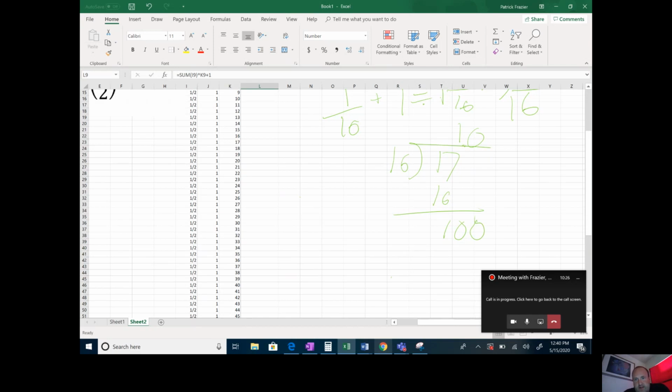Okay, and then how many times does 16 go into 100? Well, 16 times 10 is 160, because that's the rule for multiplying anything by 10. You just add a 0. So what's half of that? Well, half of 100 is 50, and half of 60 is 30. 50 plus 30 is 80, so 16 times 5 is 80.